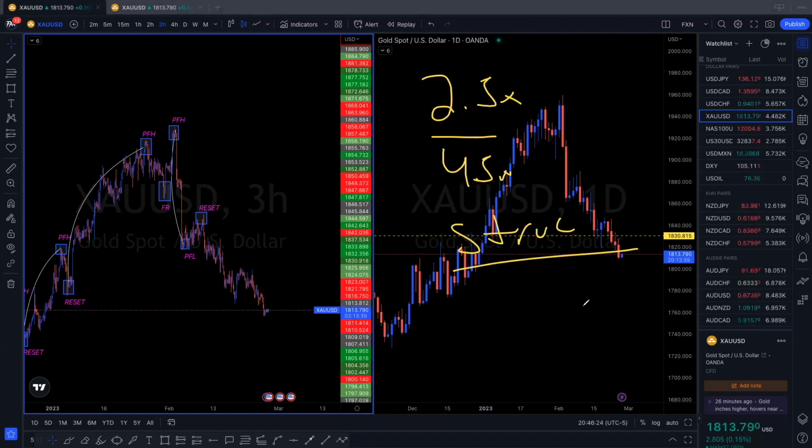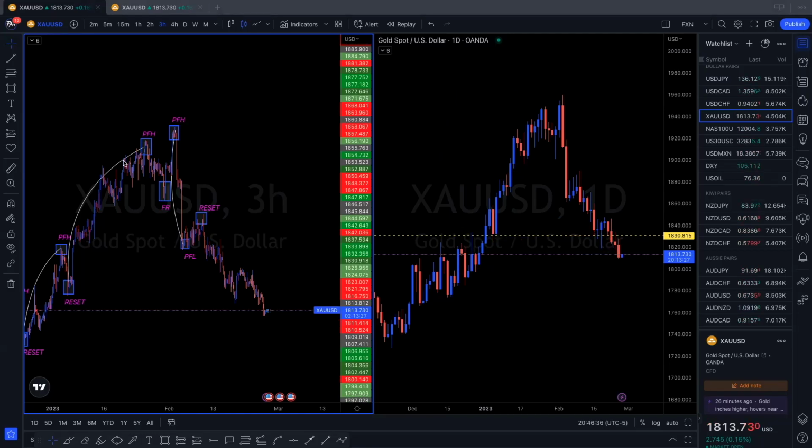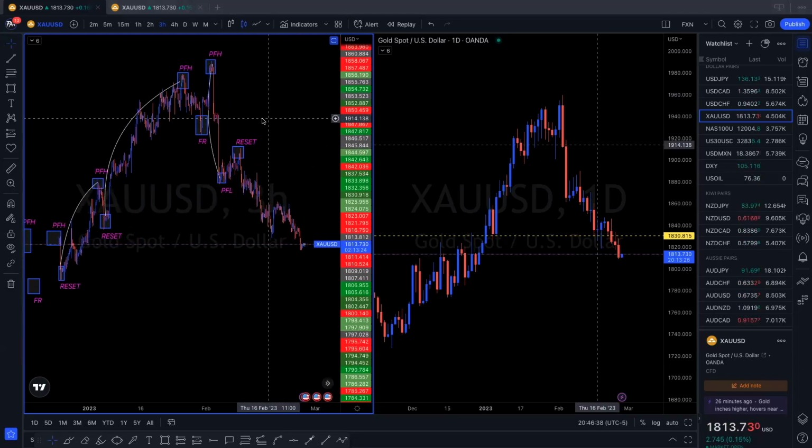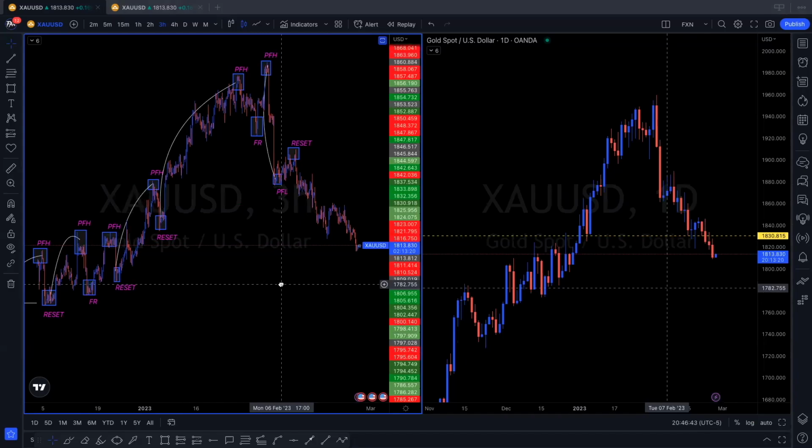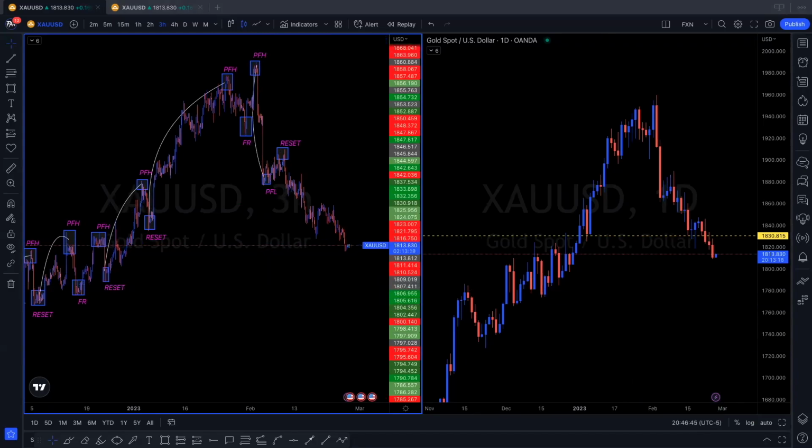Okay, that's the ideal. Like an order block or something? No, just price action structure. The best way I could describe it is, on this one here, structure for me would be the resets.